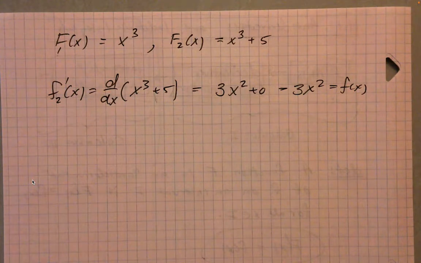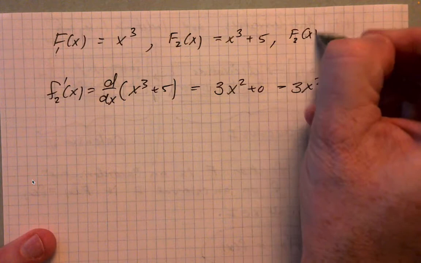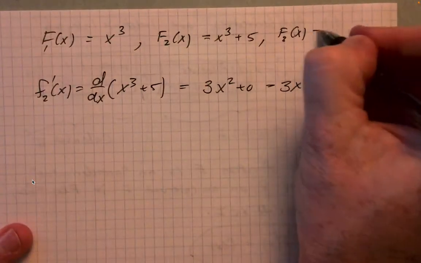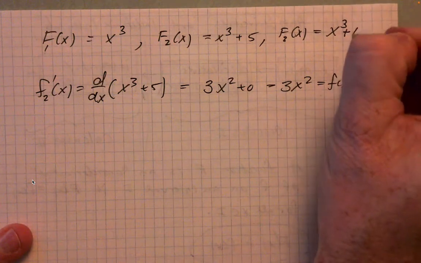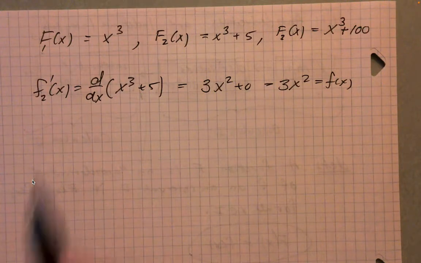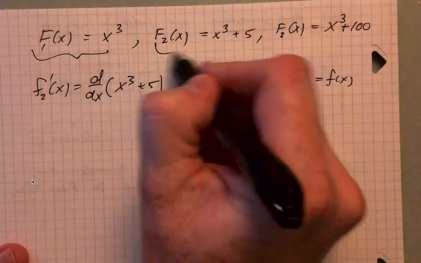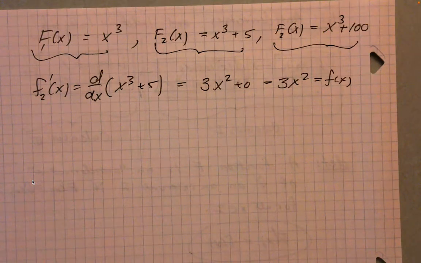So here's another one, right? Could we go on? Oh yeah, sure, we could go on. Here's another one. Big F of 3, maybe that's x cubed plus 100, right? And so on. We could obviously keep going in this manner. But hopefully, if you just look at these three, you might be able to see that there's a bit of a pattern here.